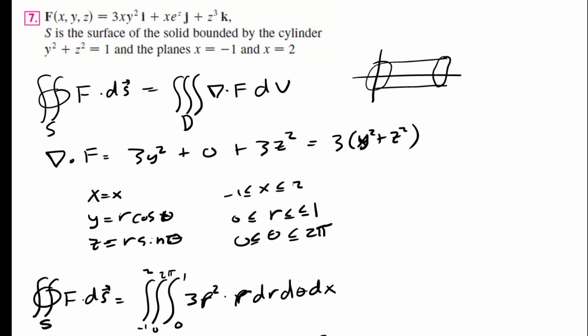In general, doing this surface integral is going to be a lot more difficult than doing this volume integral. So very rarely do you want to actually compute the surface integral. Maybe if there's some nice symmetry, you can do that. But in general, this is going to be a lot harder to integrate than this.